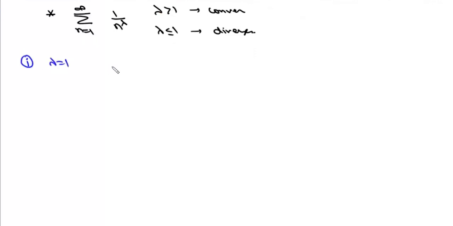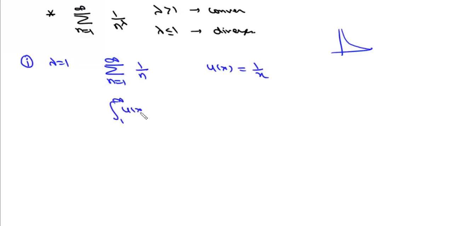When lambda is 1, then we have the series summation n varies from 1 to infinite 1 by n. So we'll take the corresponding function 1 by x. Now this 1 by x is integrable, continuous and decreasing. Now the integral from 1 to infinite u(x) dx will be the integral from 1 to infinite 1 by x dx, which is log x from 1 to infinite.